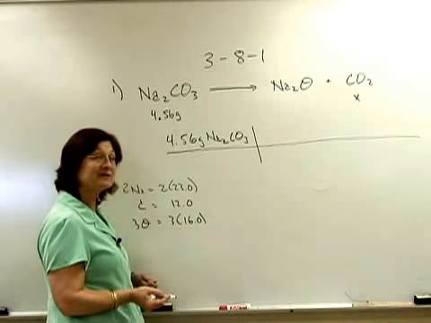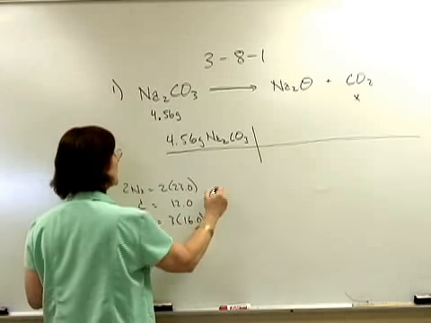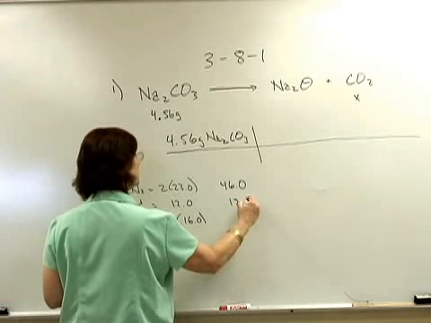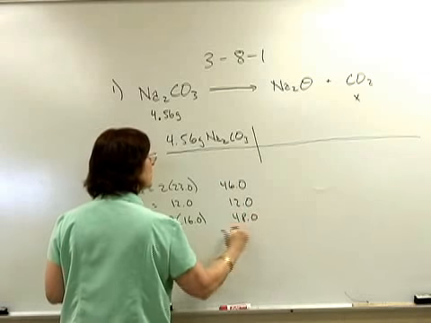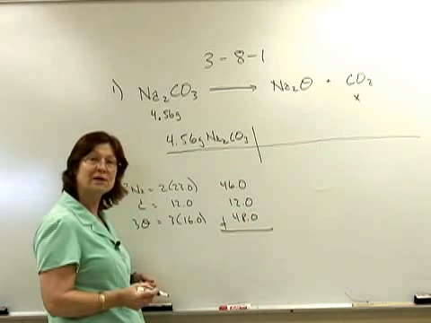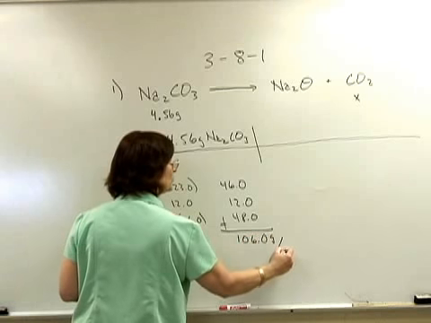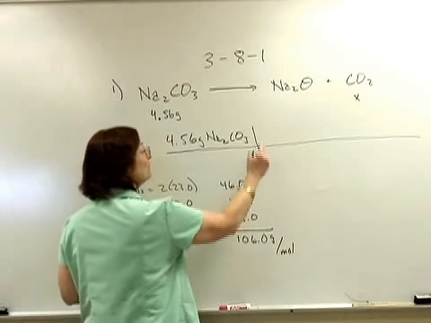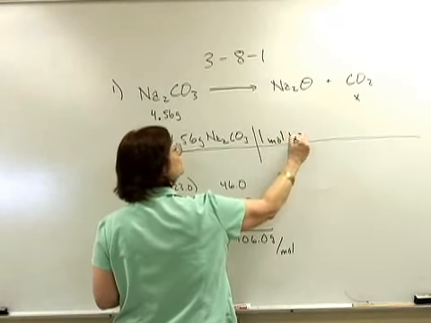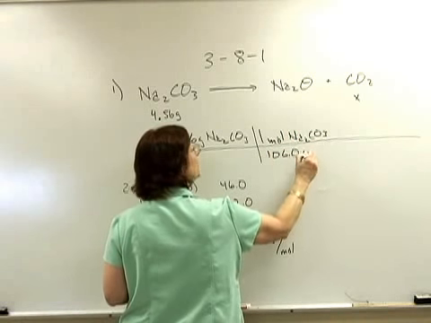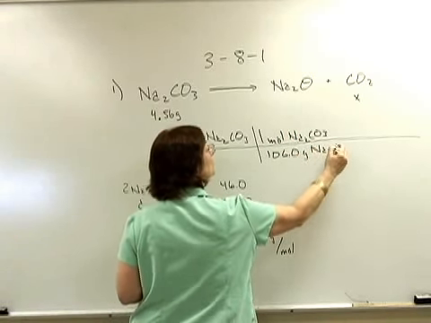Because oftentimes we make mistakes at this point, we redo the math: 46.0, 12.0, and 48.0, and when we add up, we get a total of 106.0 grams per mole. I'm looking for moles, therefore it goes in the top. And 106.0 grams of sodium carbonate.